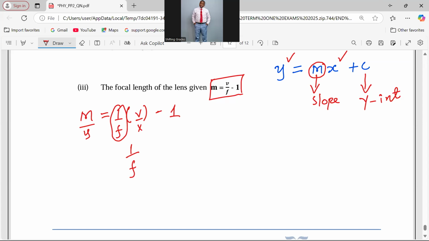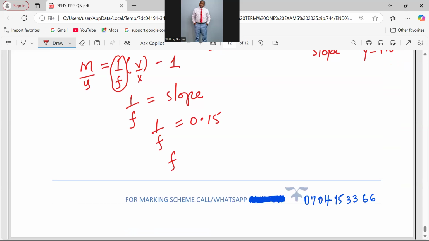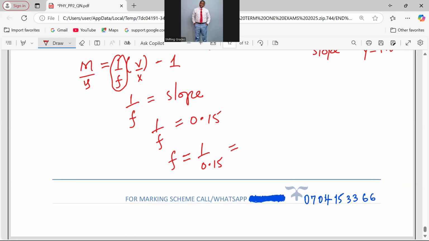Therefore, 1 over F is equal to the slope. So 1 over F is equivalent to 0.15. How do we get F? By obtaining the reciprocal of 0.15. When we obtain the reciprocal, I'm getting 6.666 recurring. So F becomes 6.67 centimeters. I'm following an accuracy of 2 decimal places.